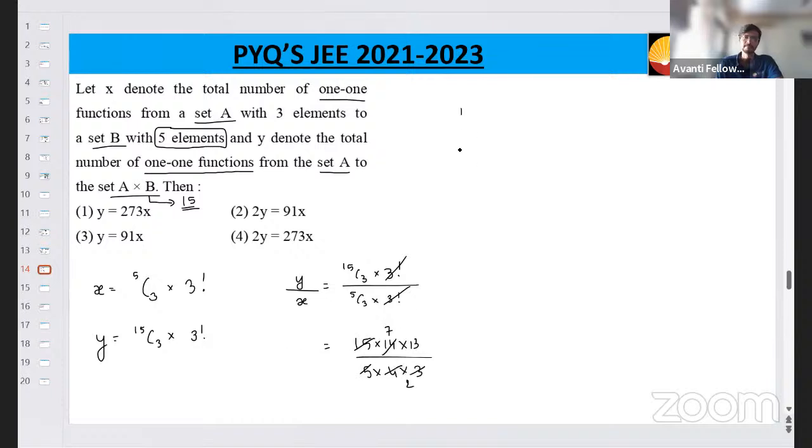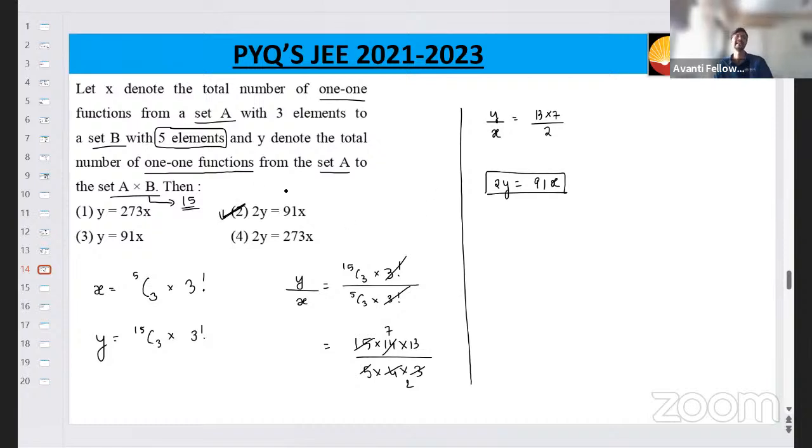So we got Y over X is equal to 13 into 7 upon 2. That is 2Y is equal to 13 7s are 91X. So 2Y is 91X, option number 2. This is our answer. Let's see the next one.